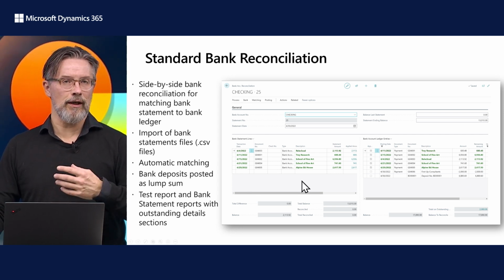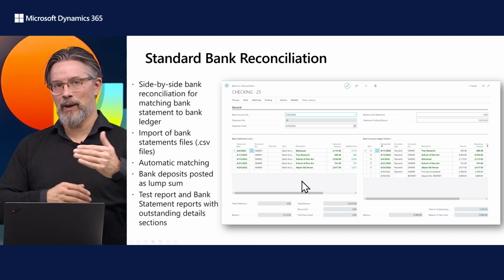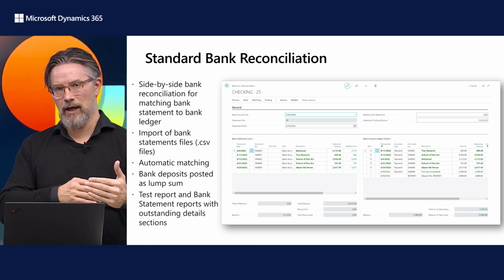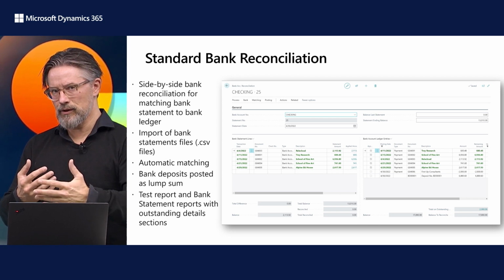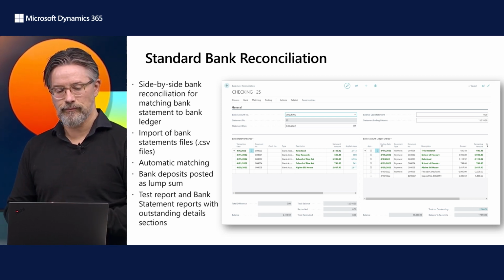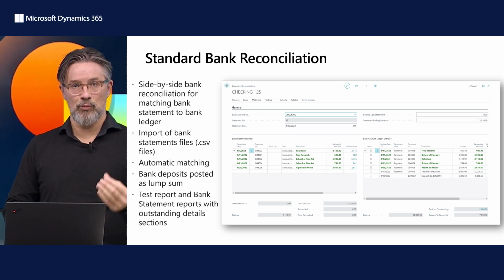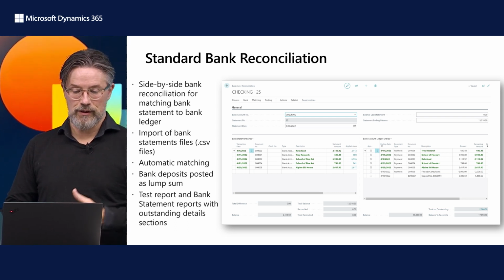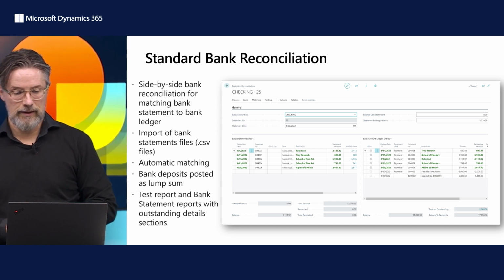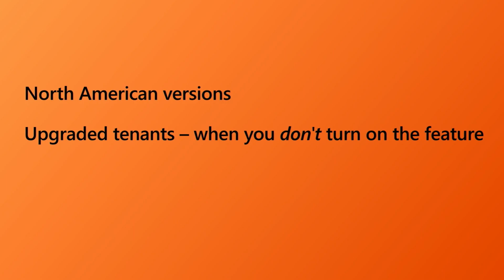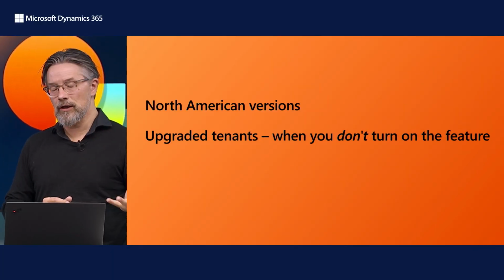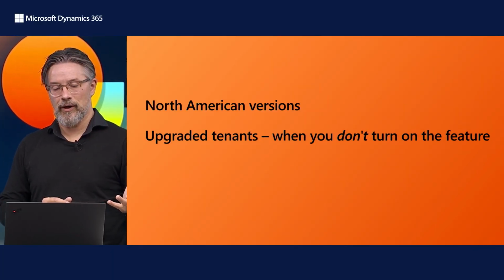In the North American version, you would expand and collapse it, so you would view one line, but in your bank, you will still see the multiple lines. You will have a test report, and you will have a report for the posted ones that shows these outstanding details.